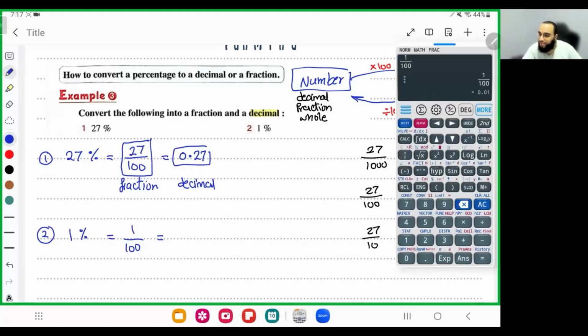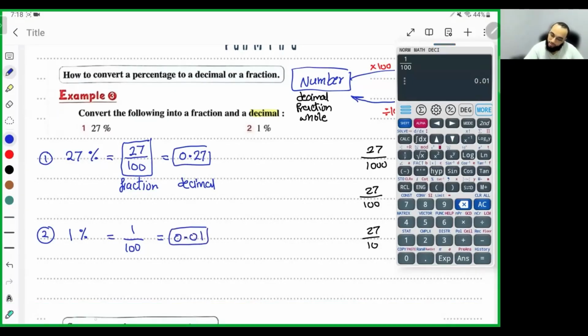You know what SD is? It is the button you press if you want to convert a fraction to a decimal. There is a button here called SD. If you press this button, the calculator will convert it into a decimal. As a decimal it equals 0.01.